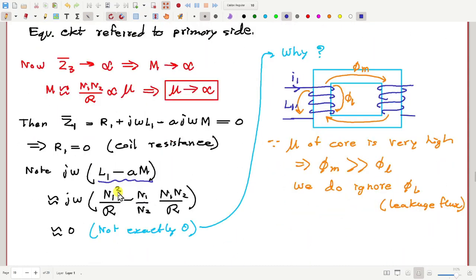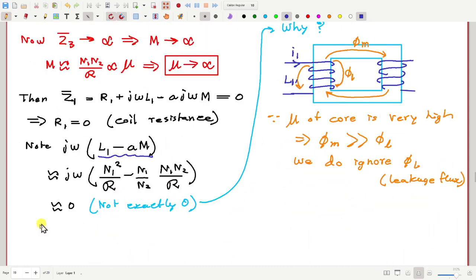So this term j omega L1 minus Am, this is called the leakage impedance. And it will be equal to 0 if the leakage flux is much smaller compared to the common flux or core flux, mutual flux, which goes through the core.